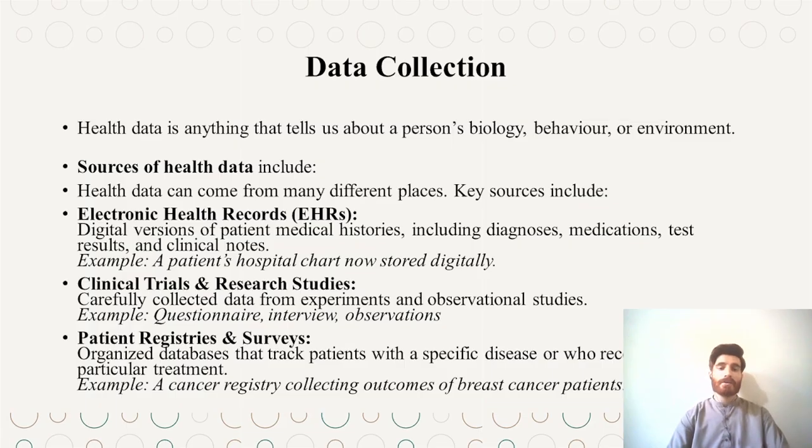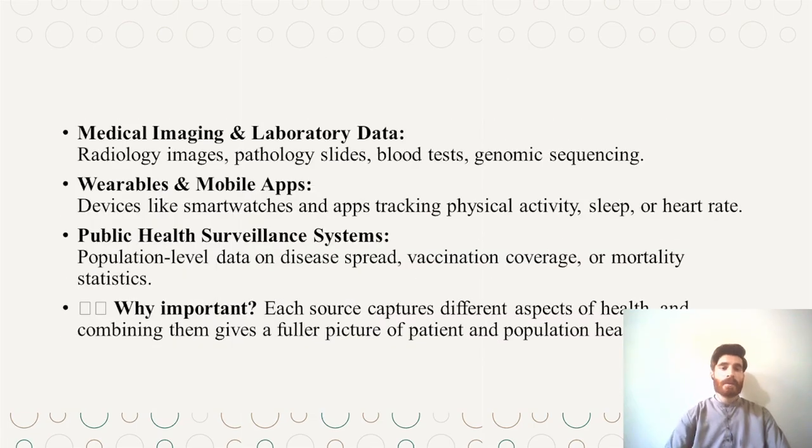They track patients with a specific disease and who receive a particular treatment, like a cancer registry collecting outcomes of breast cancer in patients. So the next is medical imaging and laboratory data. Medical imaging is radiology images like X-rays, CT scan, MRI, and laboratory data are pathology slides, blood test, genomic sequences.